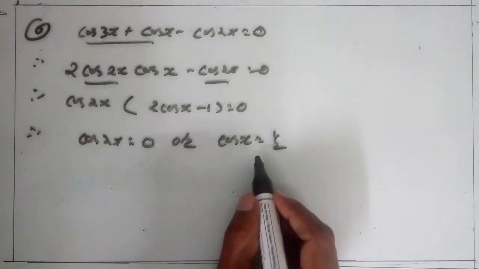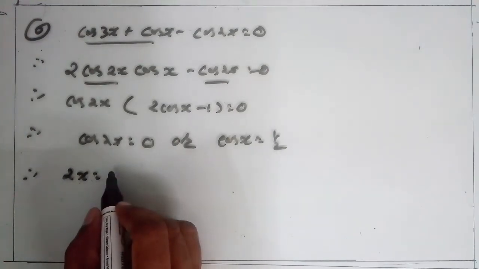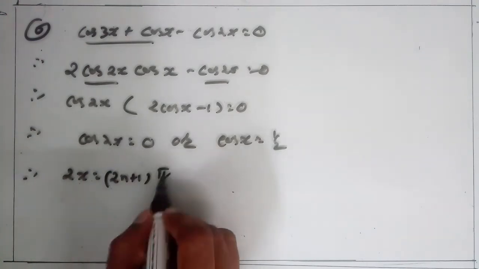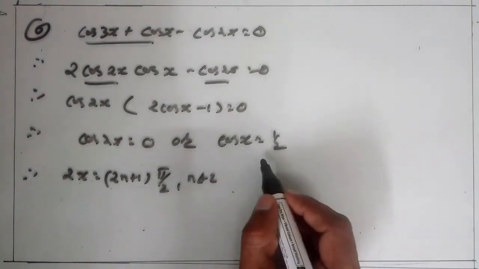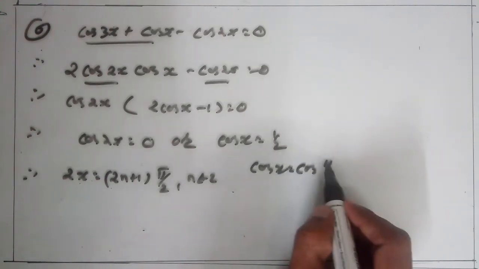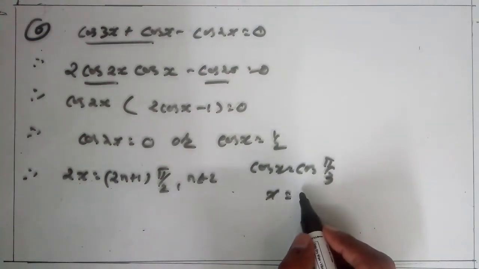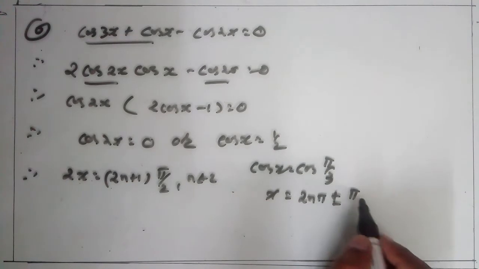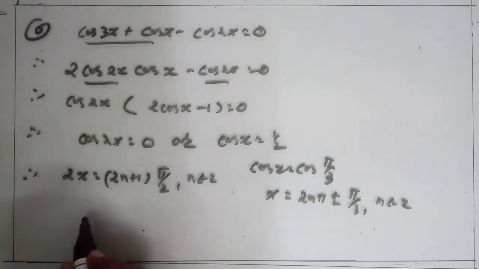Clear this? Here cos 2x is equal to 0. So 2x is equal to, we know that zeros of cos, 2n plus 1 pi by 2, n belongs to Z. From this, cos x is equal to 1 by 2, change into cos form, cos pi by 3. Clear? So x is equal to, general solution, 2n pi plus or minus pi by 3, n belongs to Z. So this becomes a general solution.